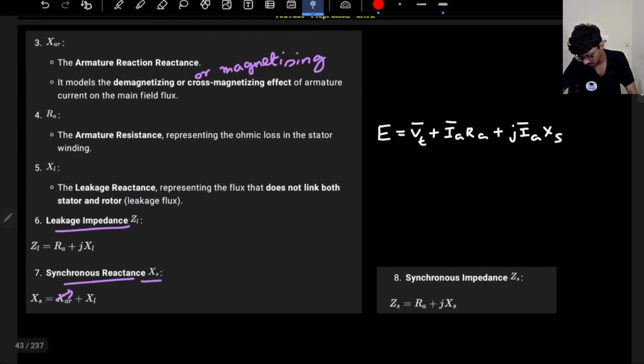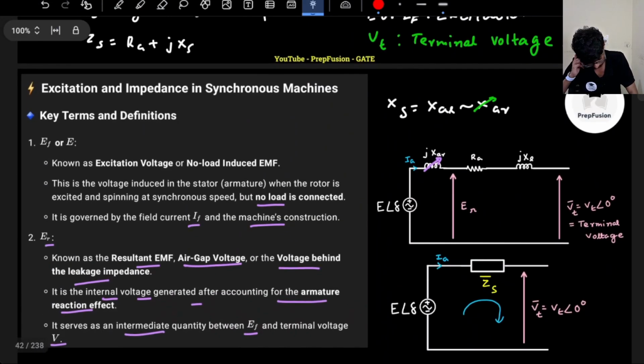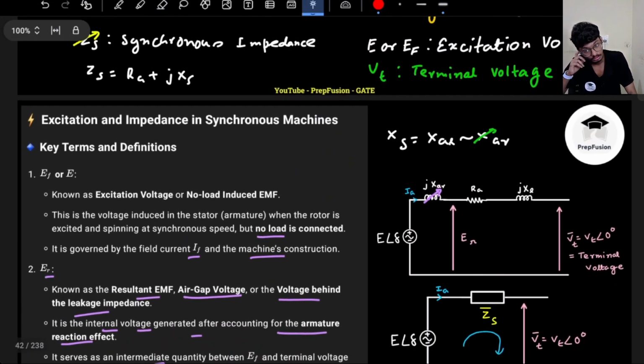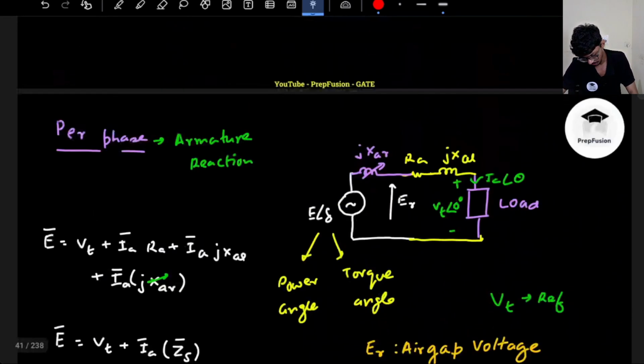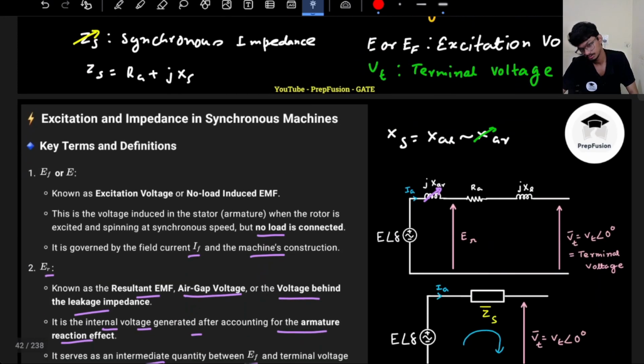Now let's quickly draw the phasor diagram. Okay, let me draw the phasor diagram. So if I want to draw the phasor diagram, how will I draw it basically? Let me draw it for a lagging power factor basically.